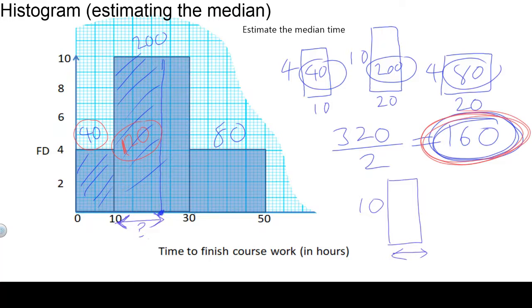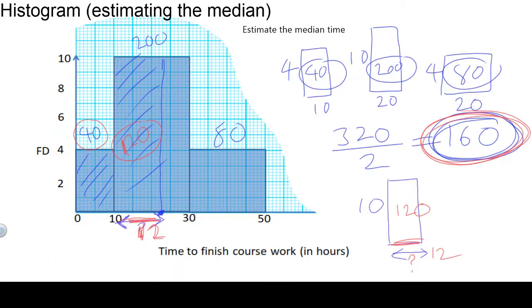I know the height is 10 and I know the area of this bar, the frequency, is 120. So 10 times something to give me 120. That's obviously going to be 12. The width of this bar is 12.